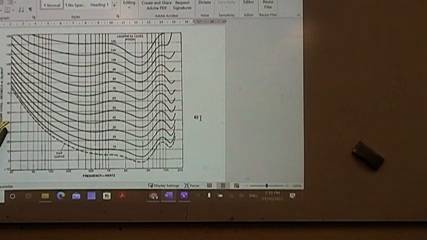So 40 decibels at 1 kilohertz is here. Then we move along this line until we get to 50 hertz. So it has to be 65 decibels to hear it with the same loudness. Make sense? Okay, that's all of the theory today.